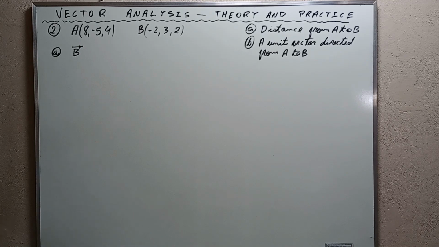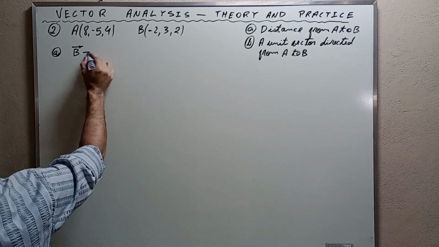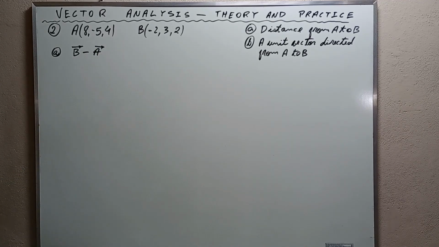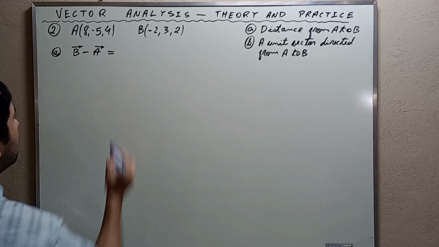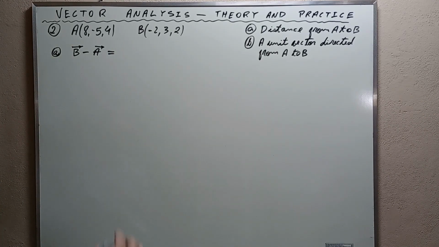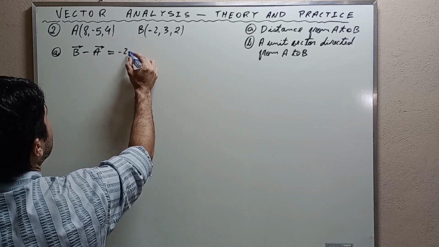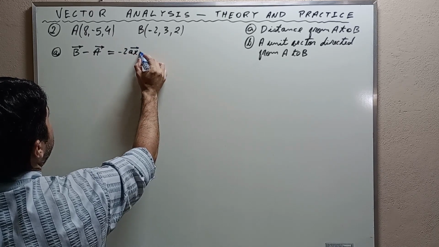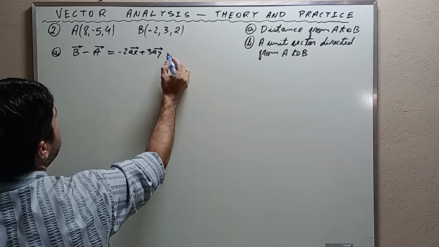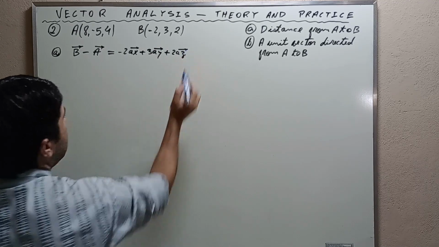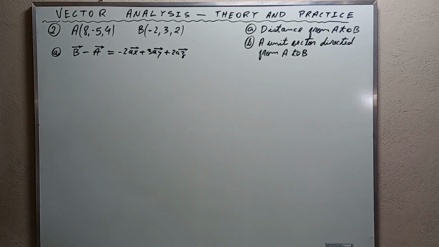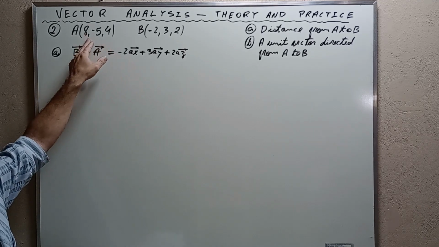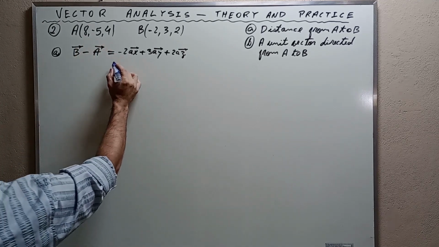The vector from the origin to point B minus the vector from the origin to point A, and vector B, we simply take the coordinates negative 2ax plus 3ay plus 2az, and we subtract vector A from this.